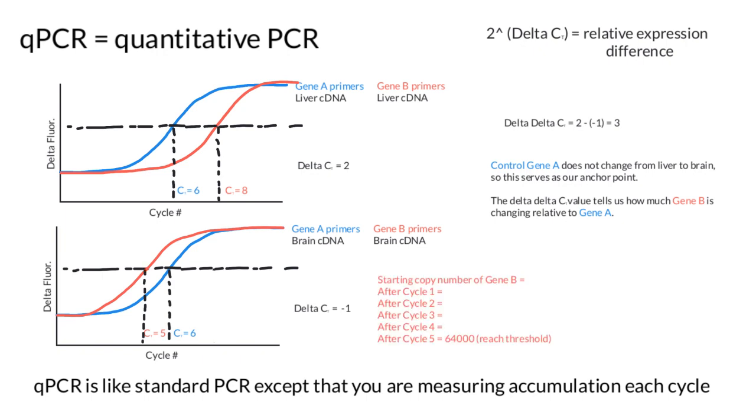If we look at the cycle 5 here, at which we met threshold, that must mean that cycle 5 is that 64,000 number that we calculated from the first example, okay?